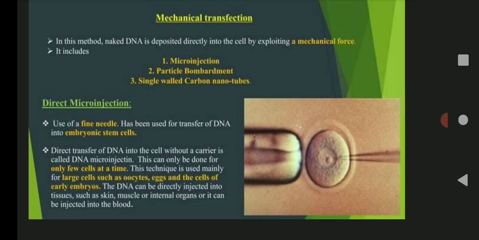The direct transfer of DNA takes place by holding the embryonic stem cells as well as eggs and oocytes by the tip of the micropipette, then the DNA is injected into the tissue. The principle is utilized in the in vitro fertilization technique for the infusion of a sperm into the nucleus of the ovum.